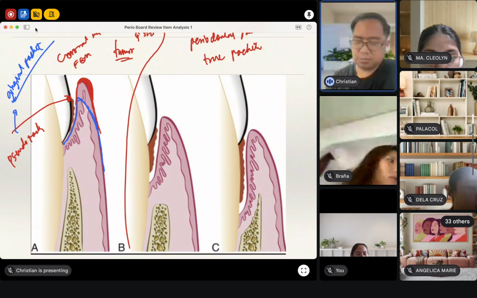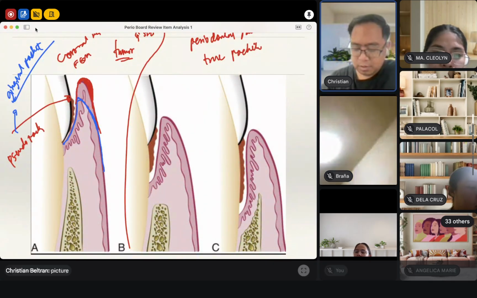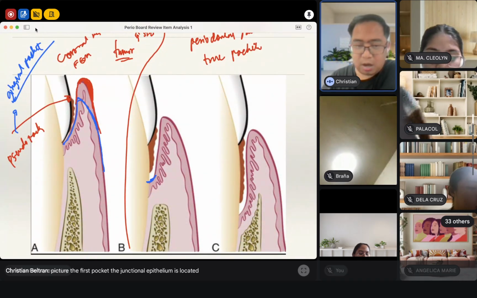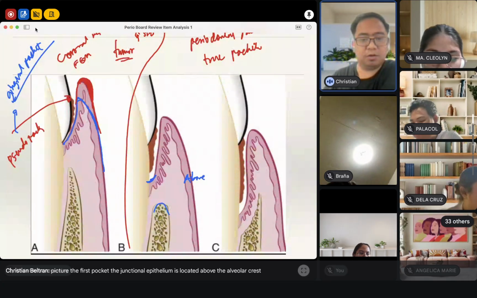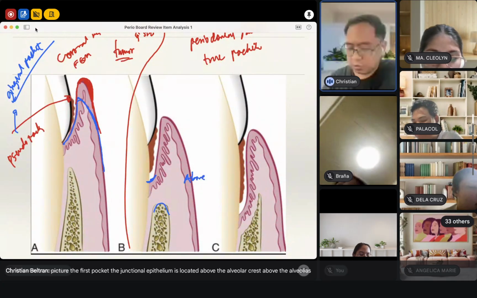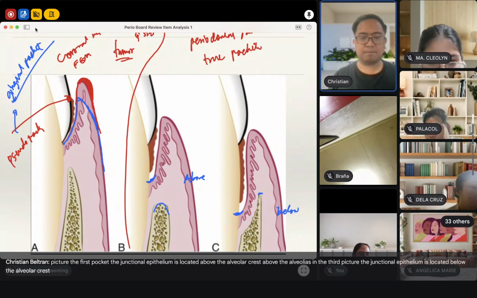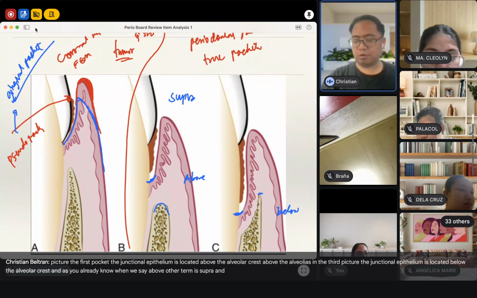So in true pockets here, we have 2 types as shown in this picture. In the first pocket, the junctional epithelium is located above the alveolar crest. In the third picture, the junctional epithelium is located below the alveolar crest. And as you already know, when we say above, the other term is supra. Another term for below is infra.